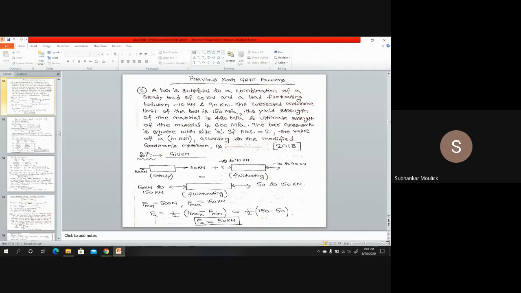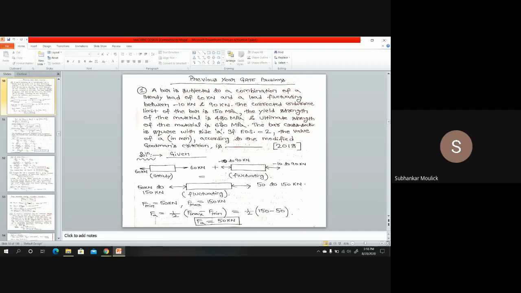What the problem tells you is a bar is subjected to a combination of a steady load of 60 kilonewton and a load fluctuating between minus 10 kilonewton and 90 kilonewton. The corrected endurance limit of the bar is 150 megapascal.